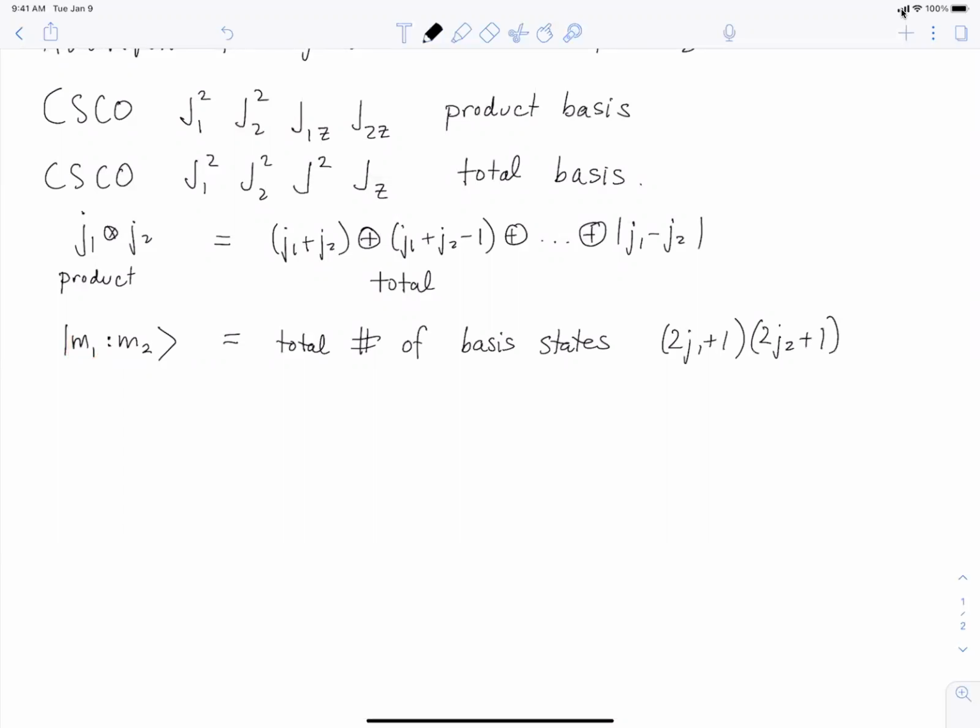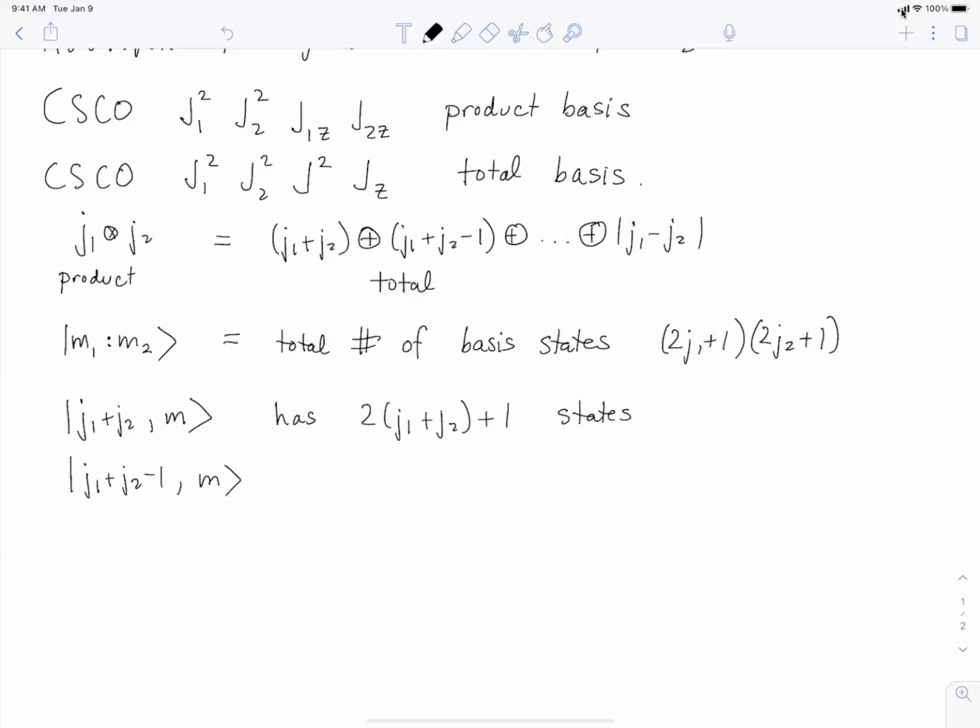And so then you can compare that to the total angular momentum basis states. And so if you count those, there's J1 plus J2. And then M can be any number from minus (J1 plus J2) to plus (J1 plus J2). So that has 2 times (J1 plus J2) plus 1 states. And then there's J1 plus J2 minus 1, and all of its M values.